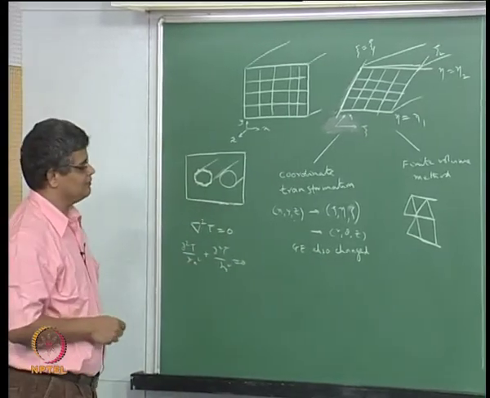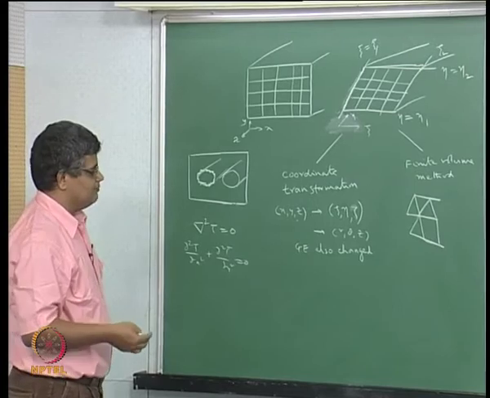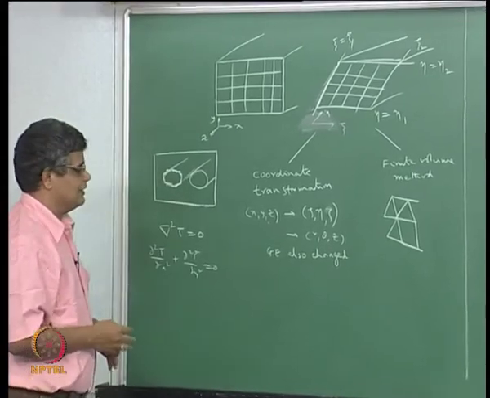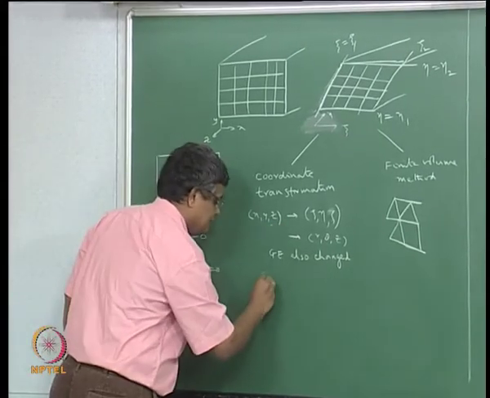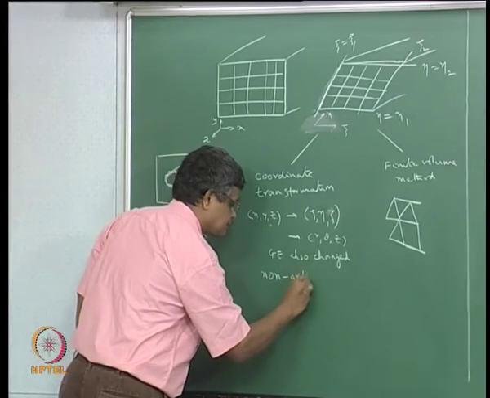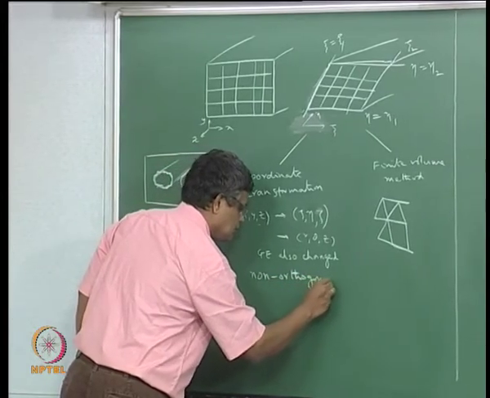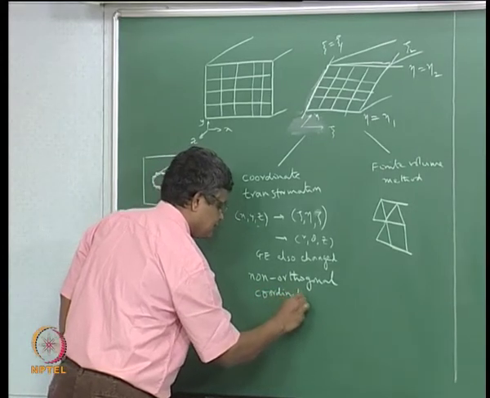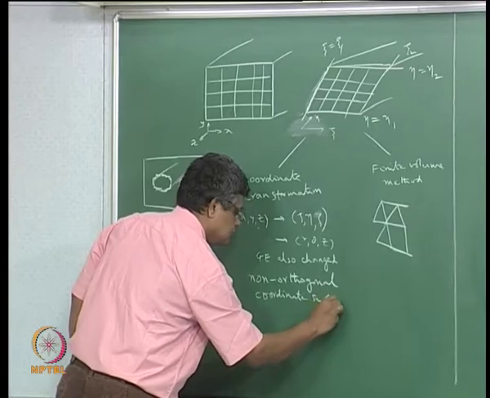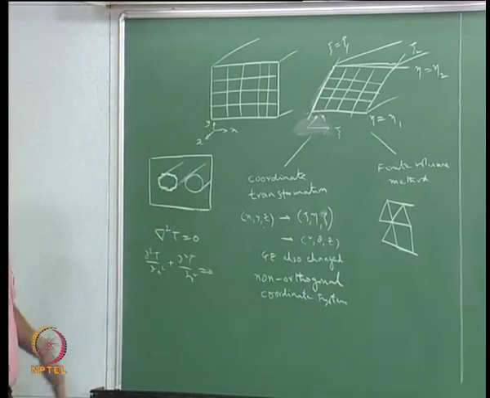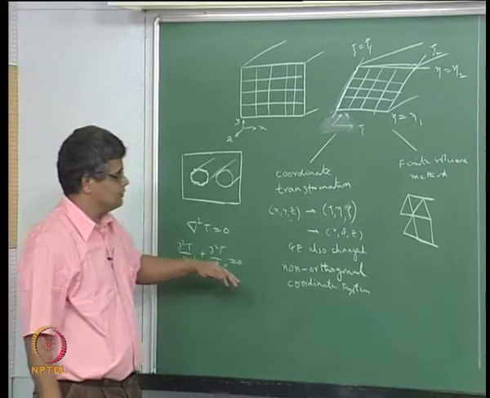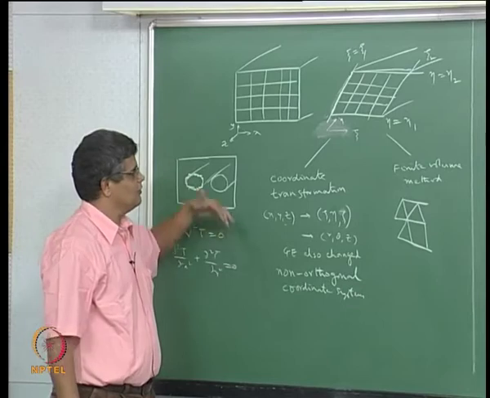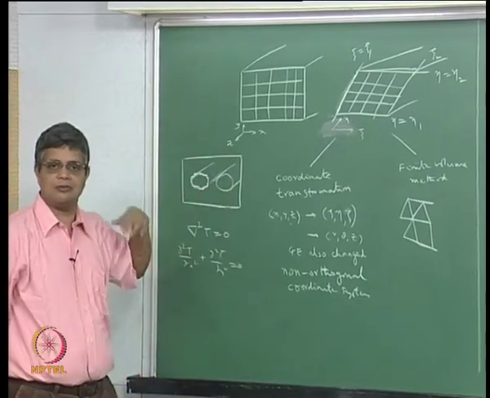Once we understand this approach and this approach, then we can choose one of these 2 approaches and tackle any complicated geometry. And one would say that being able to deal with the coordinate transformation and being able to deal with non-orthogonal coordinate systems satisfactorily has led to, for example, the explosion of the use of CFD for a range of practical problems.